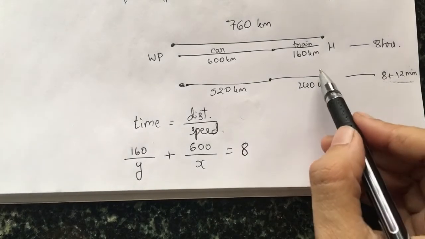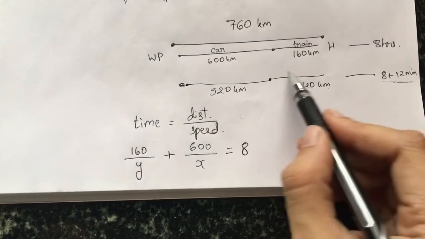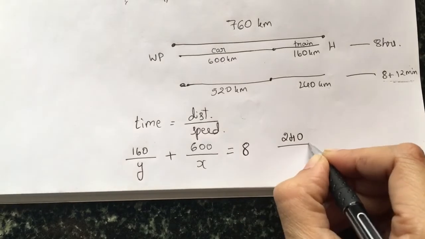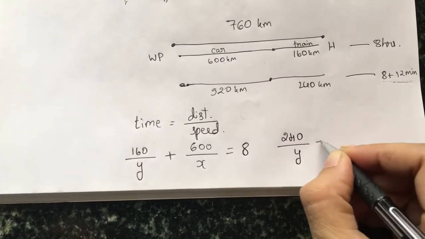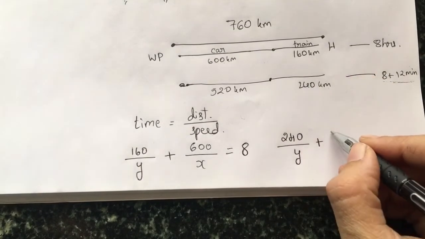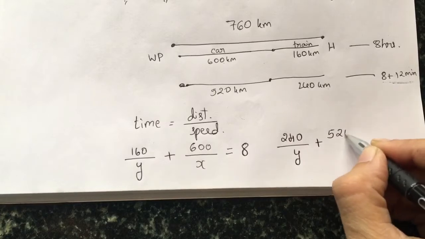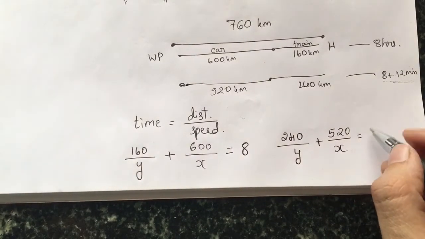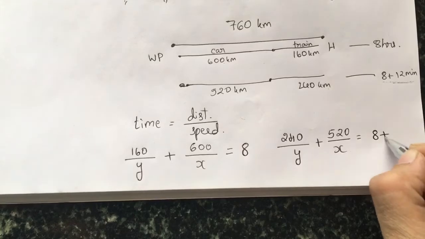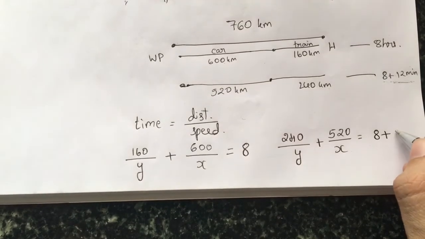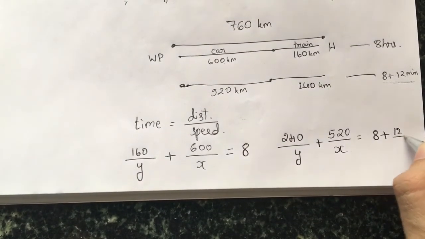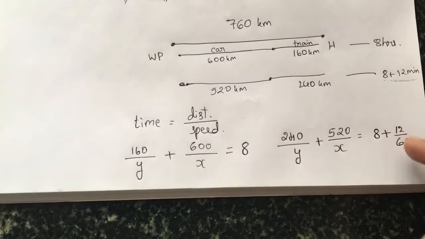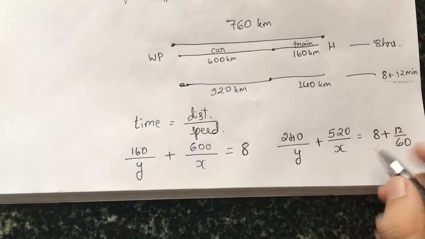So the time taken by train is 240 by the speed of the train, that is y, plus the remaining 520 by car, is taking 12 minutes more. So 8 plus 12 minutes, I'm writing in terms of hours, so 12 by 60. Okay, I have to rewrite this. I'll write this.